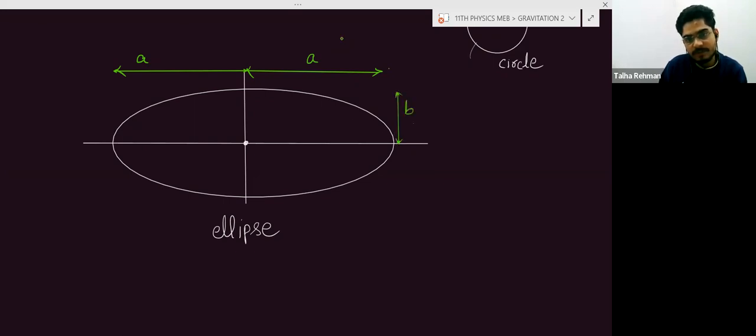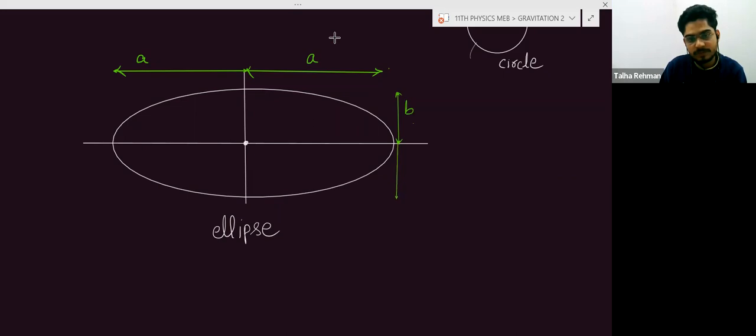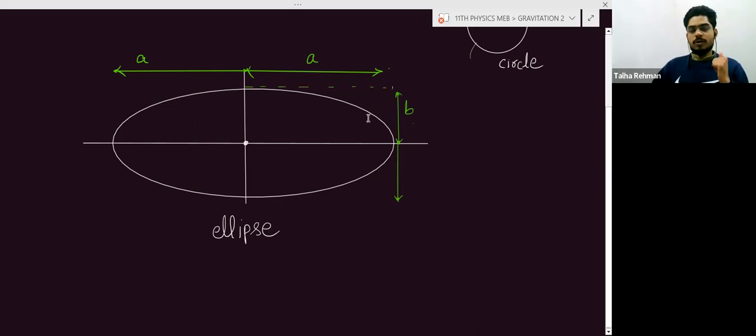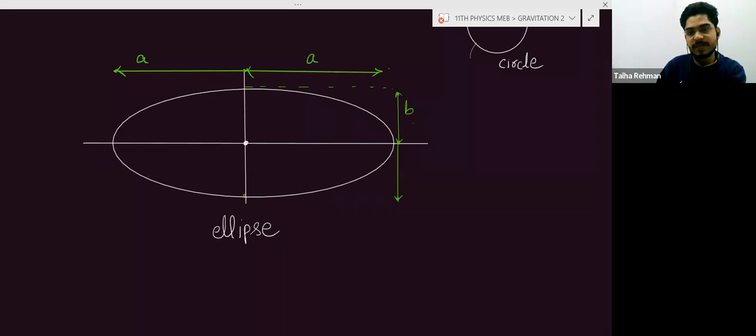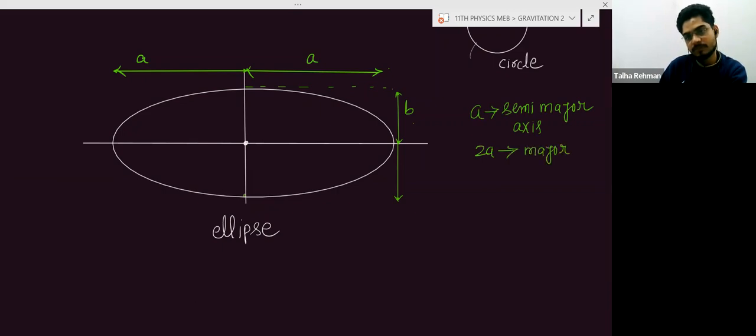This distance is B, and this distance is also B. So this distance is A, this distance is A, this distance is B, this distance is B. A is known as the semi-major axis, and 2A is known as the major axis. B is known as the semi-minor axis.